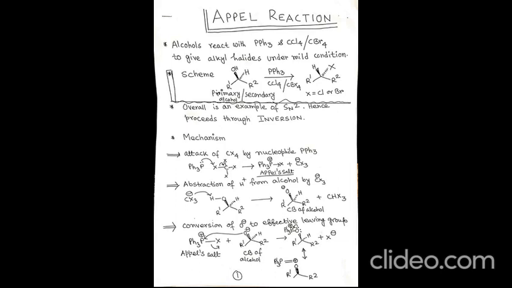Now we proceed to the next step where the O minus of the conjugate base of the alcohol becomes an effective leaving group. Now how is it becoming an effective leaving group? The Appel salt, which was formed in step 1 of this reaction, interacts with this conjugate base of the alcohol.